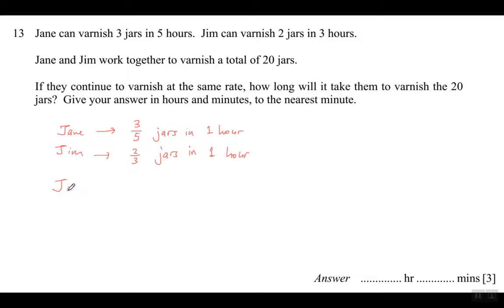Okay, then they work together. So Jane and Jim will be able to do 3 over 5 plus 2 over 3, which equals 19 over 15 jars in 1 hour.